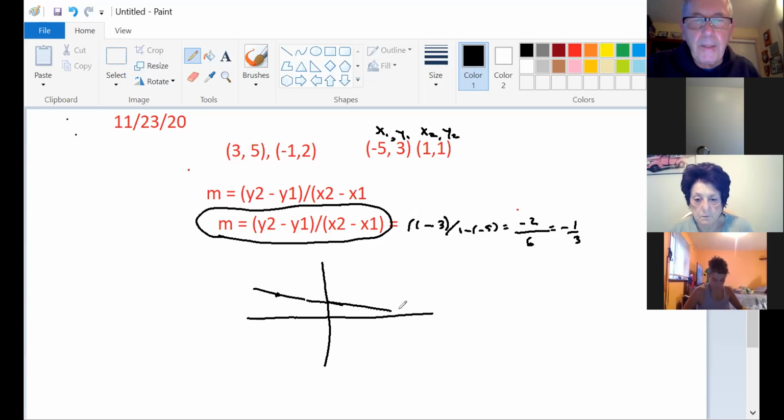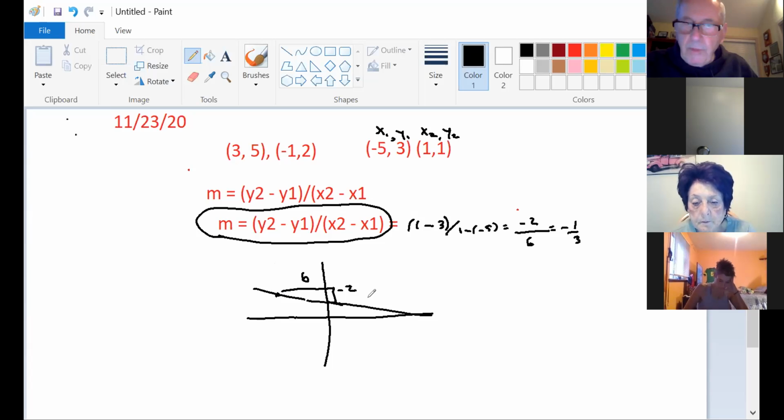It has a rise, really a negative rise of -2. It goes down 2 and over 6. So this is 6, this is -2. That's all we're doing. We're putting this on a graph, determining the rise over run, and that's what this formula does for you. If you can get this part, the rest of it should all fit together.